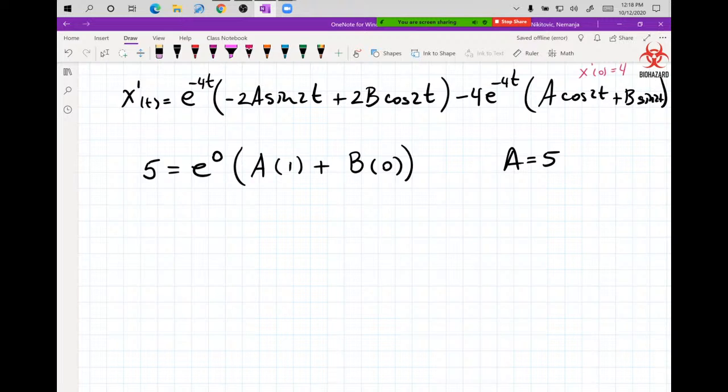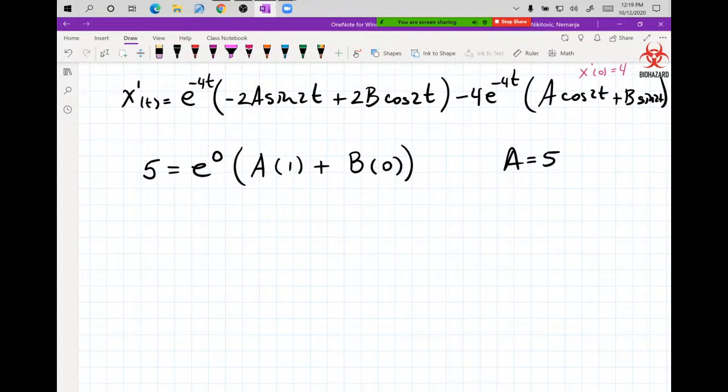So A is 5. Now what's happening for the prime equation? I have a 4 over there. Now we have to be careful, because now we also have A working with cosine, and that means that's going to survive there. But luckily we know what A is, so that's going to help us.